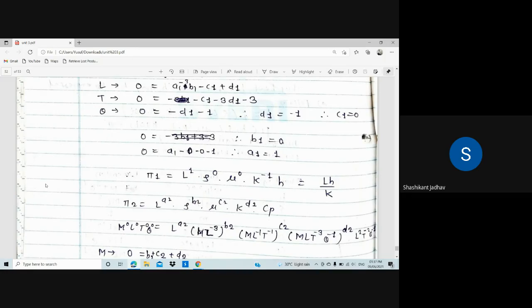Okay, so what is the value of A1, B1, C1 and D1? A1 is equal to 1, B1 is equal to 0, C1 is equal to 0, and D1 is equal to minus 1.